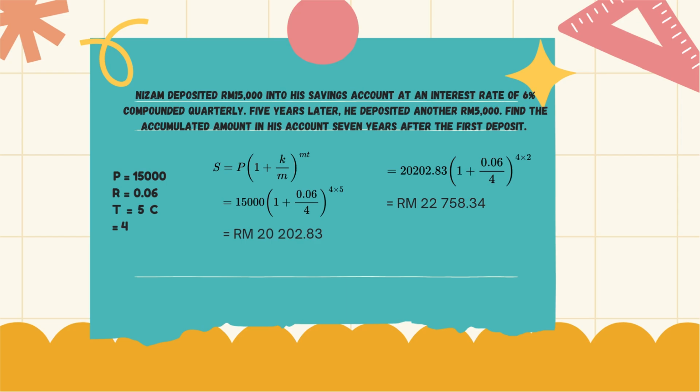To use this formula, you have to put all these numbers into the formula, which is 15,000 ringgit 1 plus 0.06 per 4 in brackets to the power of 4 times 5.